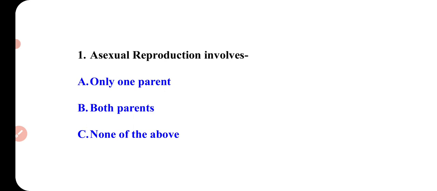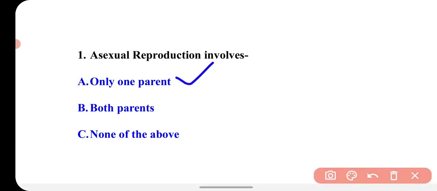So you have to tell how many individuals are involved during asexual reproduction. You know that the basic difference between asexual reproduction and sexual reproduction is that in asexual reproduction only one parent is involved, so this is the correct option.